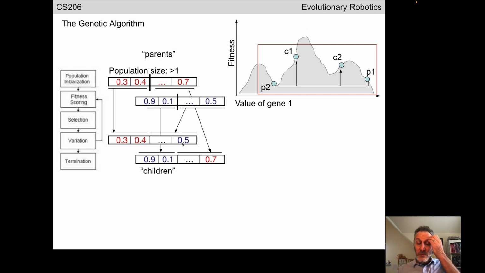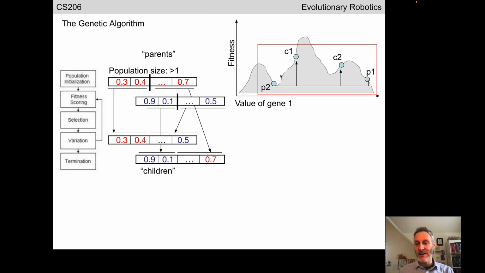But for some reason, just by chance, there was something about the left-hand values in parent 1 and the right-hand values of parent 2 that were partially solving the problem. But when we brought them together, they're collectively solving the problem better, which is represented in our cartoon example here by C1 landing on the slope of Mount Mansfield. It's on its way to the global optimum. It doesn't know that.